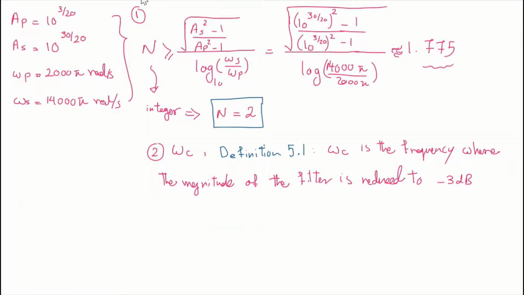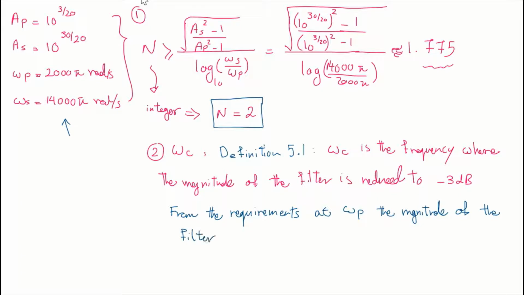Let me write it here. From the requirements, we already know that at omega p, the magnitude of the filter is reduced to 3 dB.